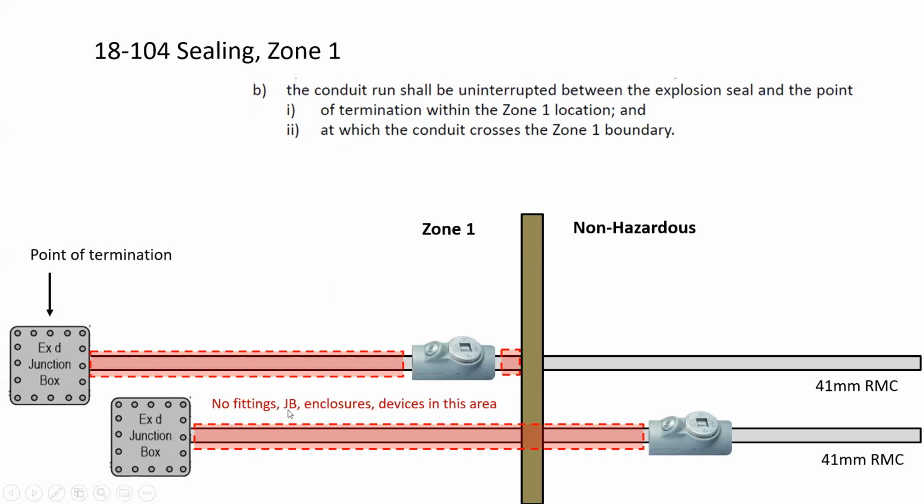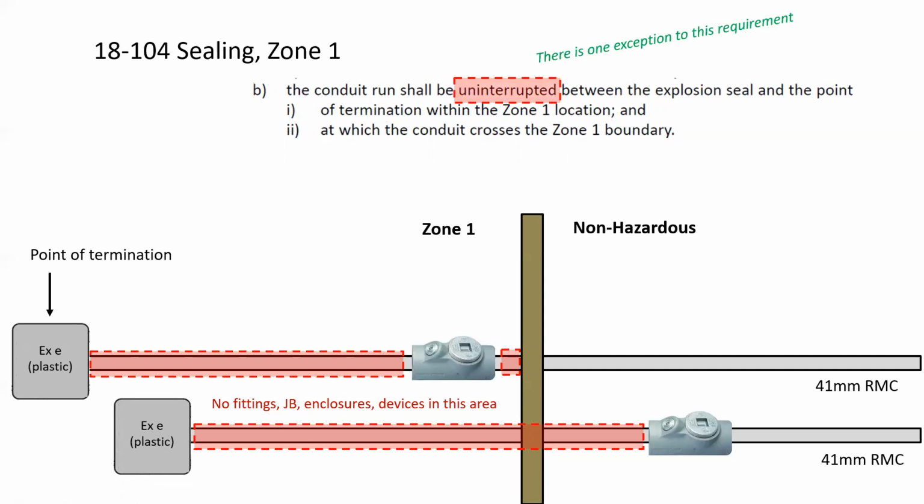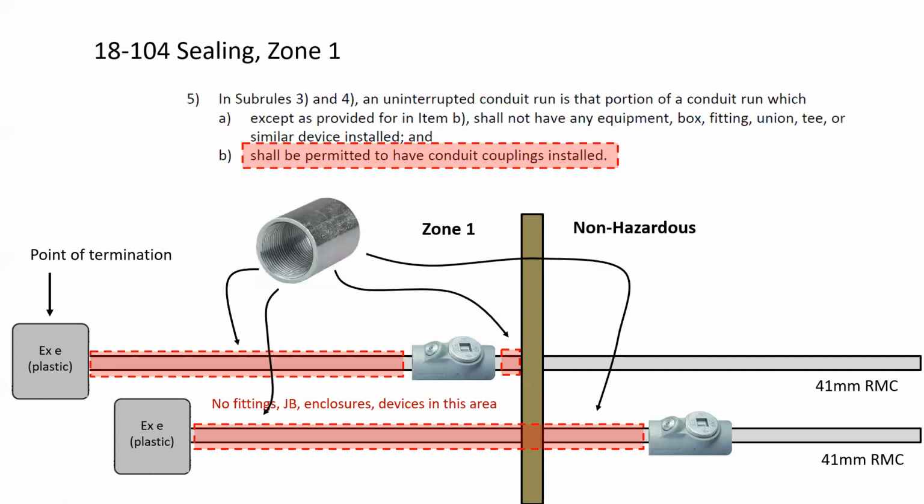So no fittings, no junction boxes, no enclosures, no devices in this area. Using equipment that is not explosion proof still requires the same placement, because again, we are just trying to prevent the transmission of gas from the hazardous to the non-hazardous location. There is one exception to this requirement of uninterruption, and that's given in subrule 5.